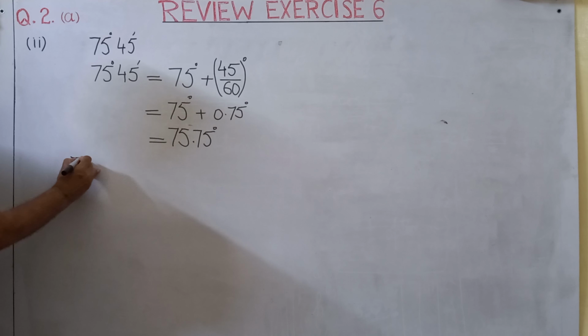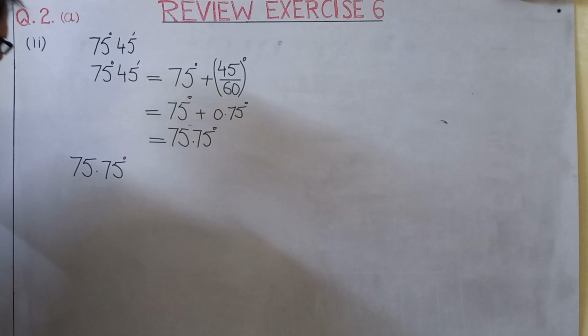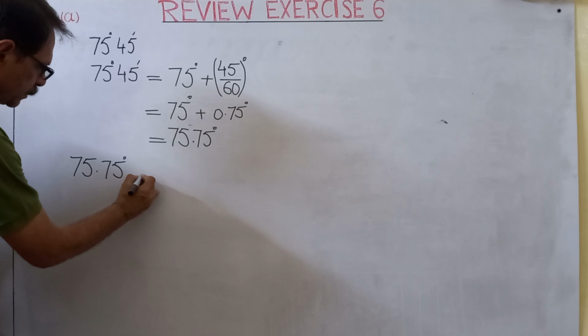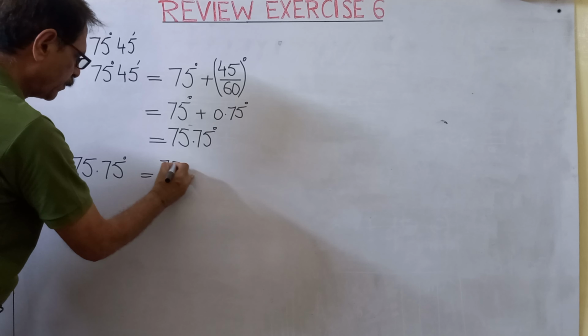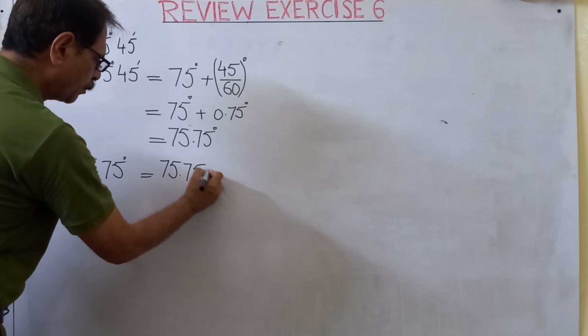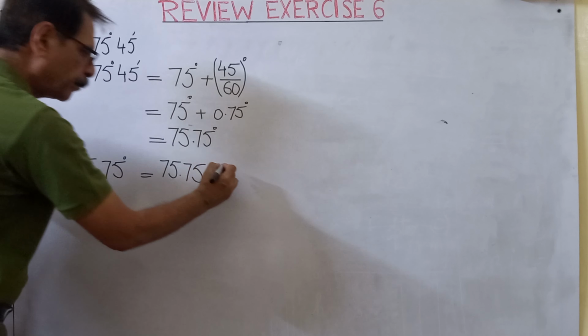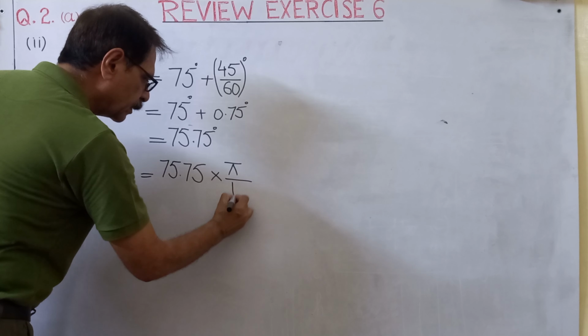Let us convert 75.75 degrees into radians, equals 75.75 multiplied by pi over 180.